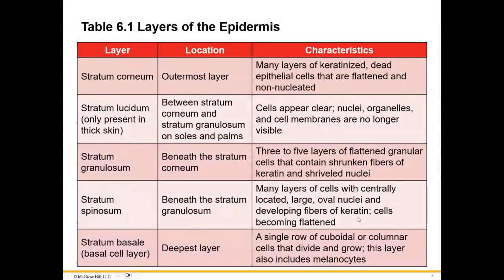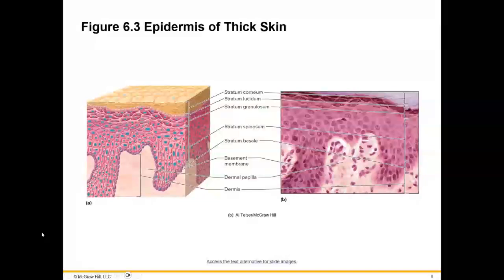And here the cells are becoming flattened. And then finally, at the very bottom, before we get to the dermis, is the stratum basale, the basal cell layer. It's a single row of cuboidal or columnar cells that divide and grow. And this layer is the one that has the melanocytes in it to produce melanin, to give your skin color.